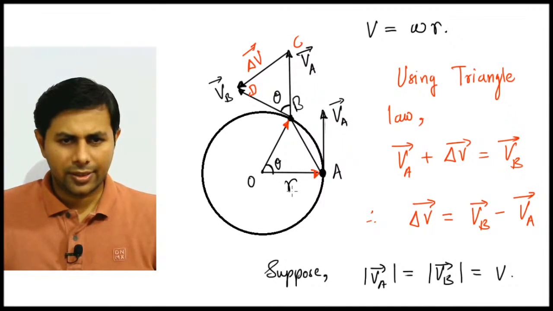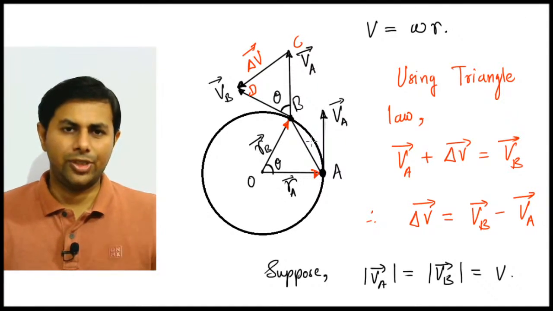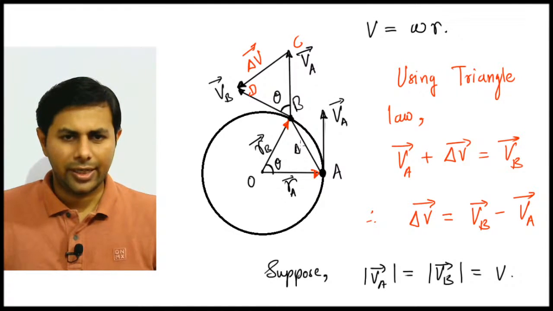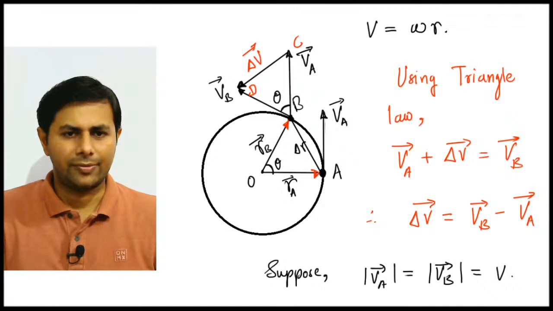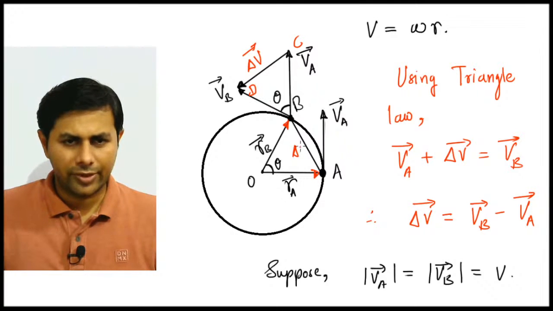If this is RA bar and this radius vector is RB bar, then this is the change in position vector, or change in radius vector, of this object. So AB is delta R bar.